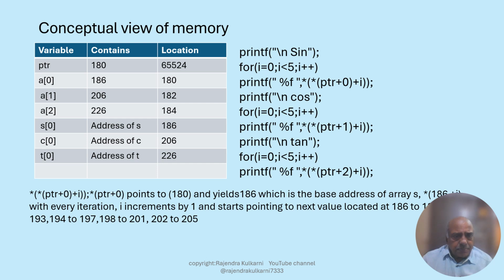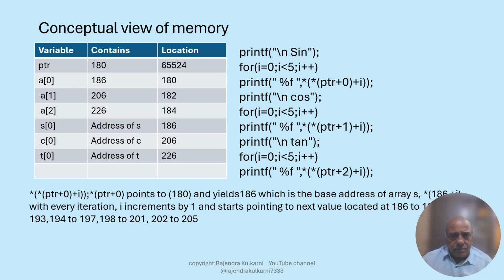This ptr + 0 points to the base address of array A, which is 180. *(ptr + 0) yields the value stored in 180, which is 186. What is this 186? It is the base address of array S.